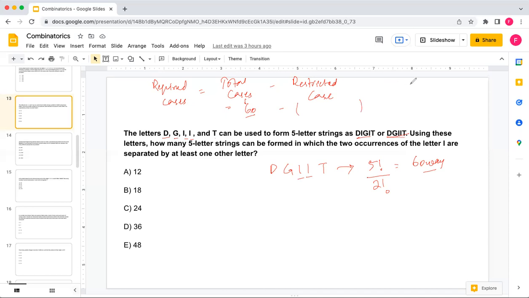So we have 2 I's combined, and separate D, G, and T. If I consider the 2 I's combined as a single value, I have 4 values now, right? Arranging the 4 values will be just 4 factorial. So this will be 60 minus 24, which is 36.